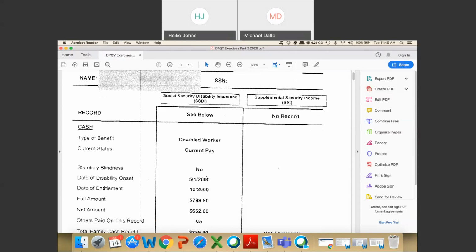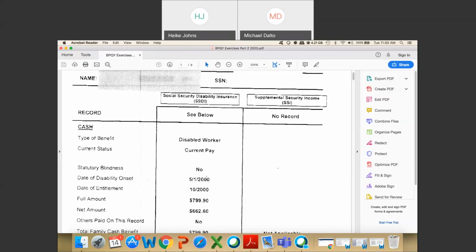Step 3, if the person is a concurrent beneficiary, cross out the onset date for SSI recorded in step 2. You'll only use the onset date for SSDI, CDB, or DWB. Well, in this case, the person does not receive SSI, so we can skip step 3. Step 4, look at the SSI recorded earnings and posted SSDI monthly earnings.